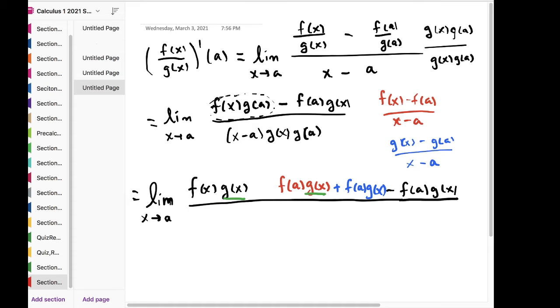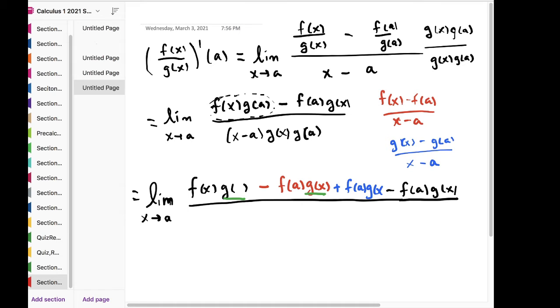But this is nice, because now it just happens to work out that the g of x can get factored here, and then I get, oh, sorry, not the g of x, wait, I'm sorry, my bad.